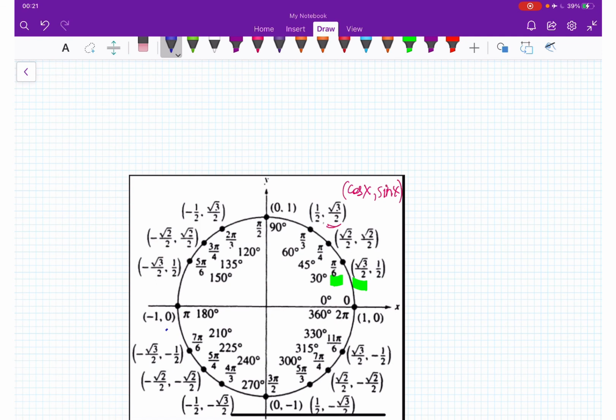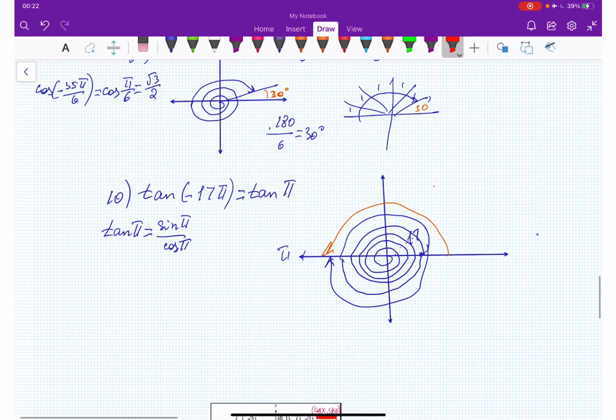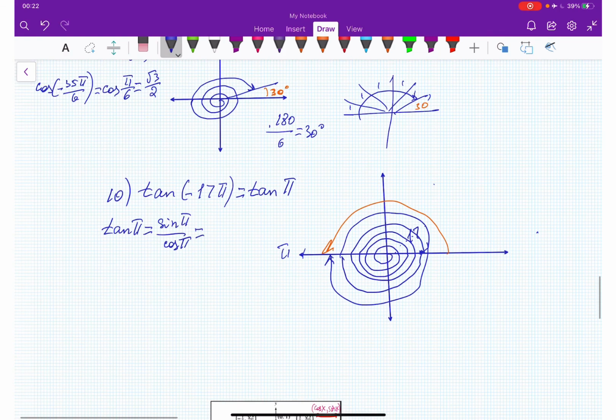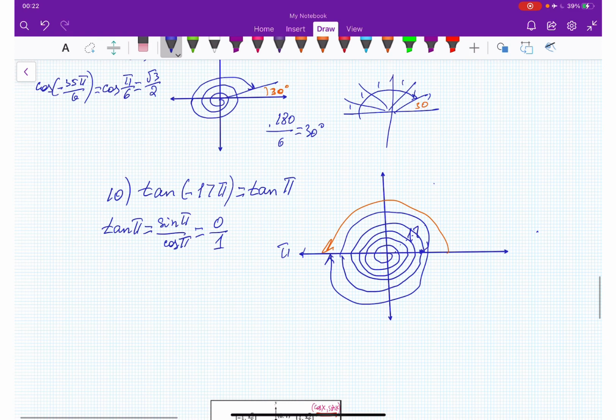Here is my pi. My sine is 0, and cosine is negative 1. Here, cosine comes first, sine comes second. So this is going to be 0 over negative 1, which equals 0. Therefore, tangent negative 17 pi is equal to 0.